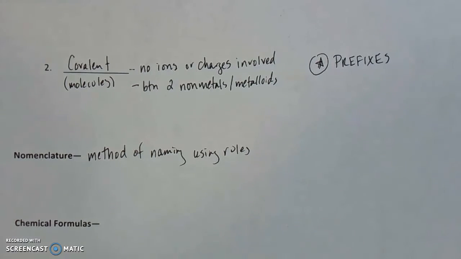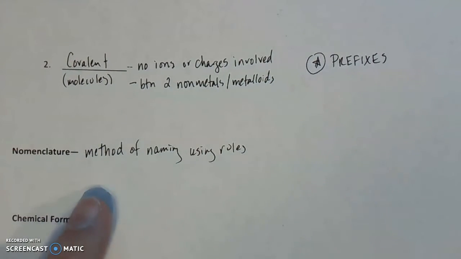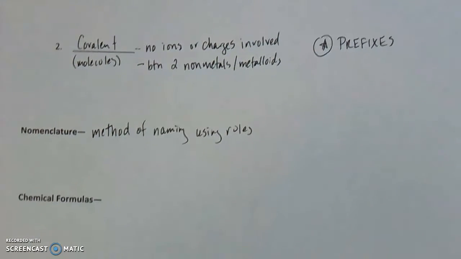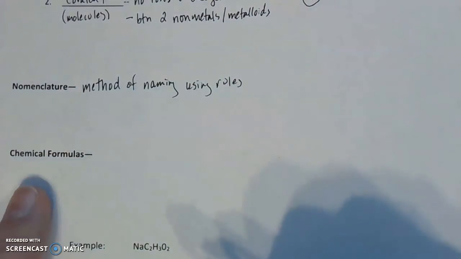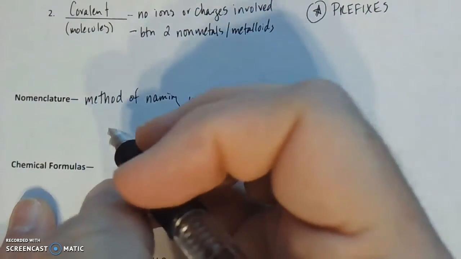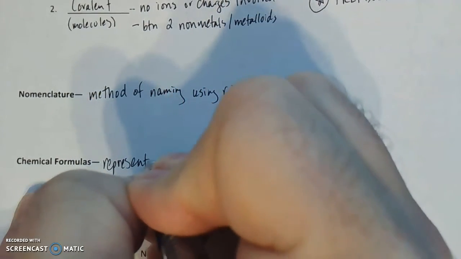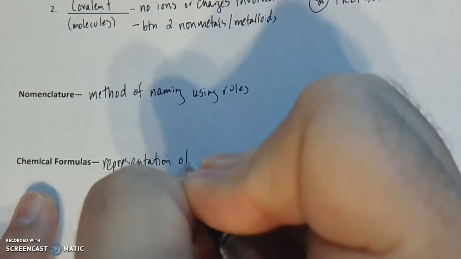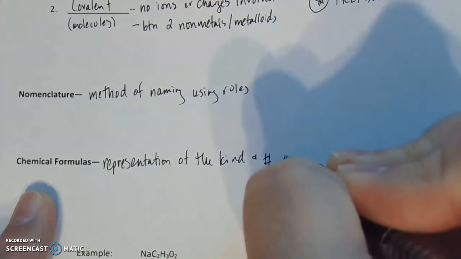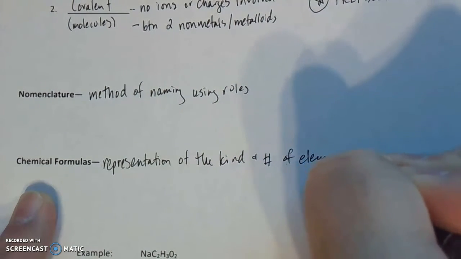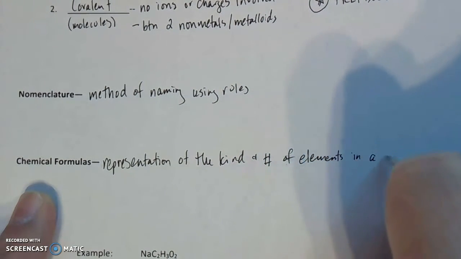So chemicals are also going to have methods of naming using sets of rules. And a lot of them are based on the chemical formula for the substance. So a chemical formula is a representation of the kind and number of elements in a compound.